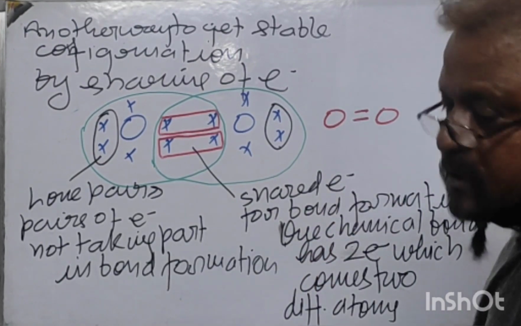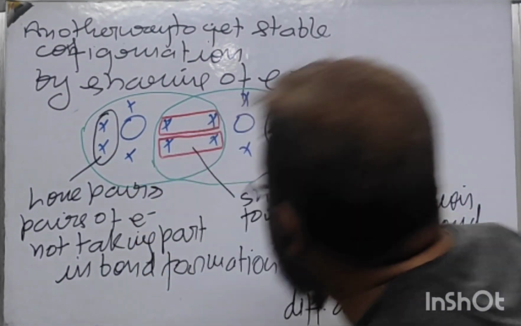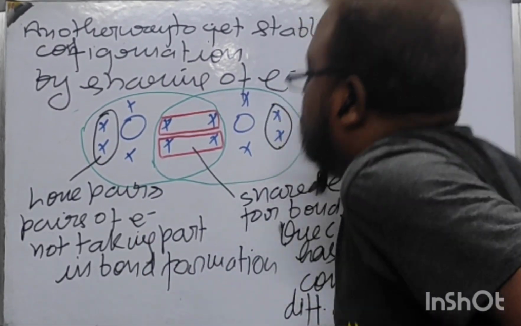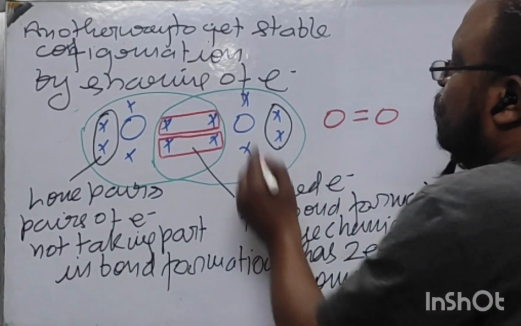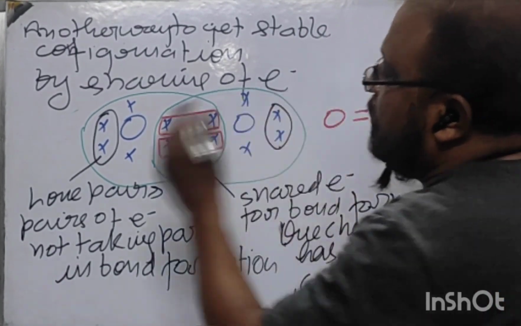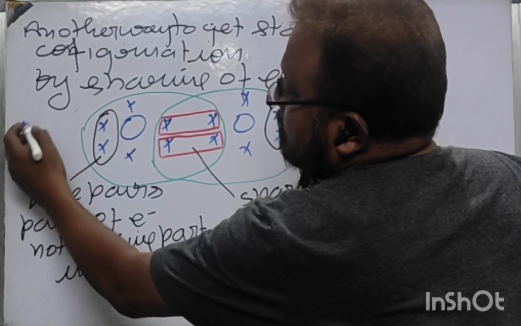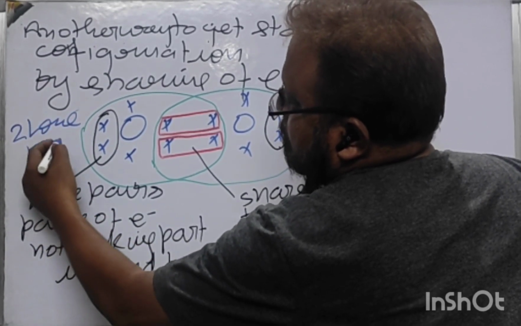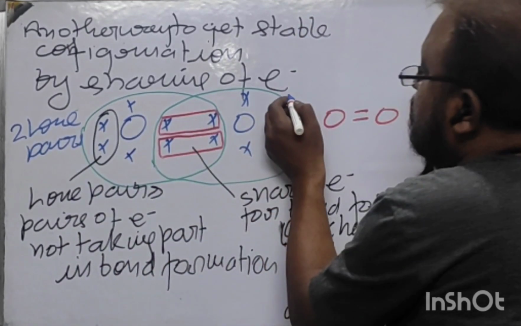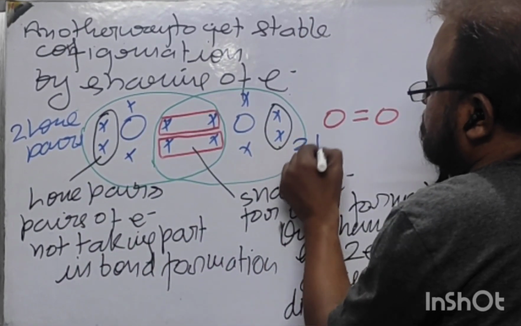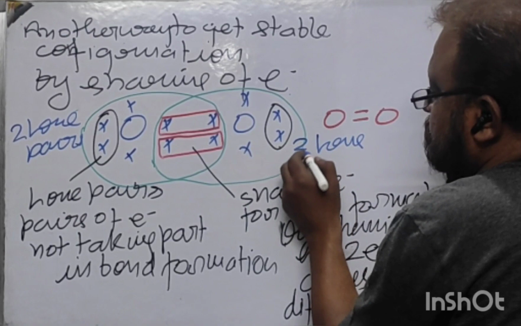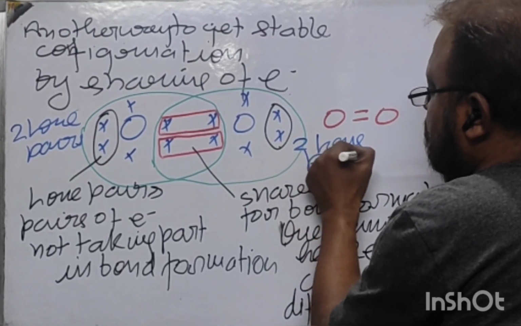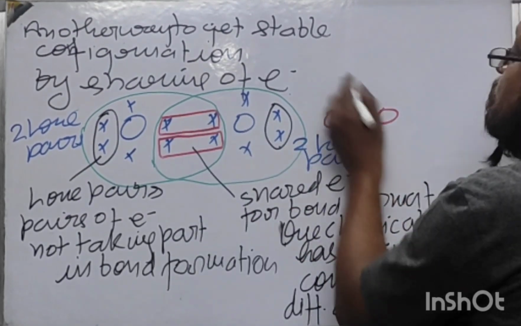And on both sides the electron charge density is the same. Both atoms have two lone pairs. Here are two lone pairs, and here also there are two lone pairs. So both are having the same lone pairs.